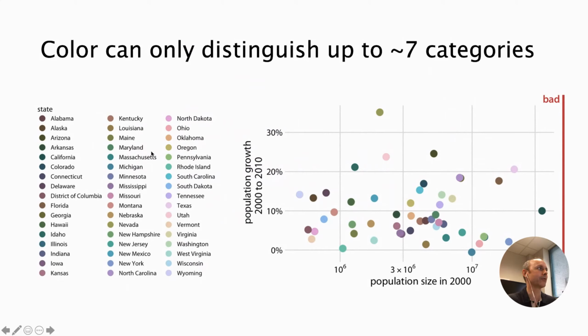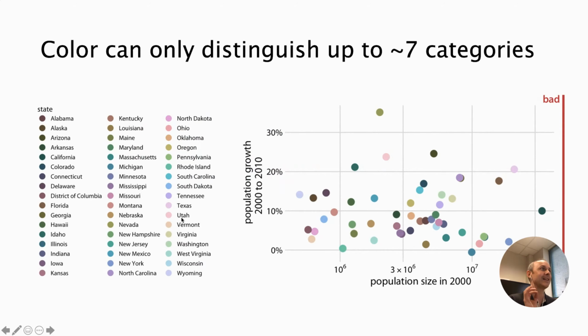So I'm showing you every state in the US. And I'm showing you along the x-axis the population size in 2000 and along the y-axis the population growth from 2000 to 2010. So each dot is a different state. They all have a distinct color, but it gets quite tricky to read, right? So, okay, which is this state here? Well, it's sort of a pink. I don't know, maybe it's Ohio, maybe it's Utah, maybe it's Montana.